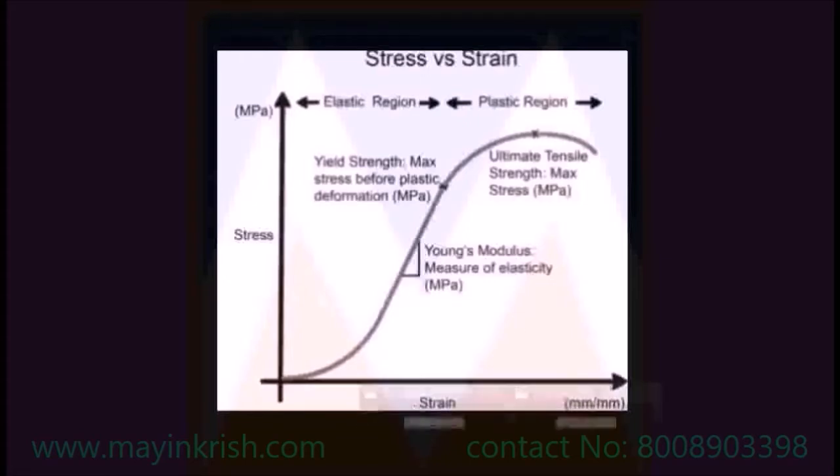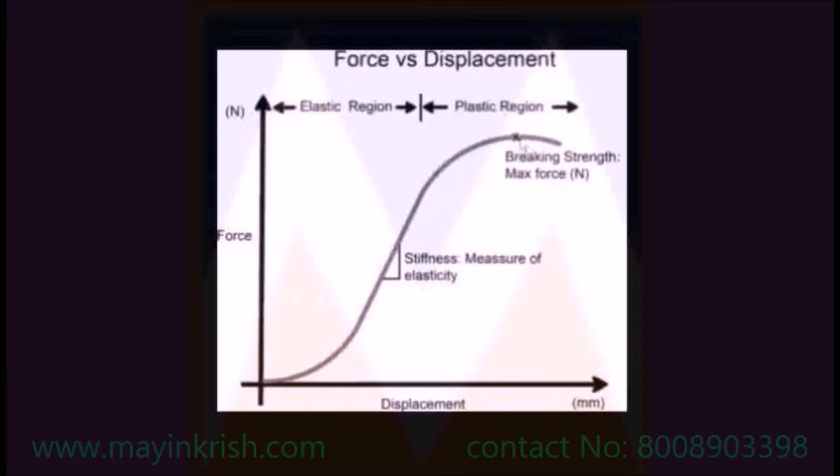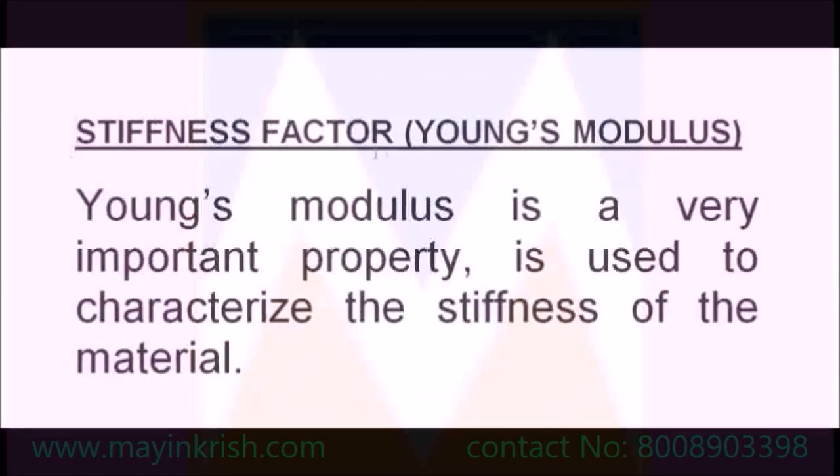Similarly, in the force-displacement curve, the slope defines the stiffness, which is the behavior of a material. Young's modulus plays a vital role in defining the stiffness factor, which is used to characterize the stiffness of the material.